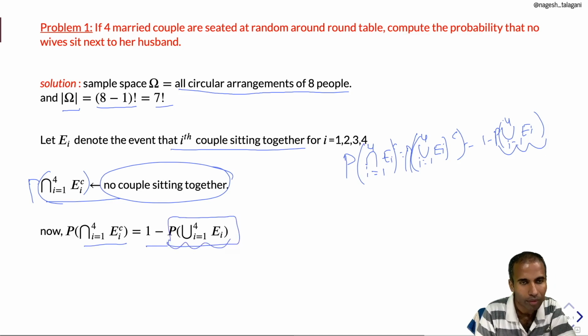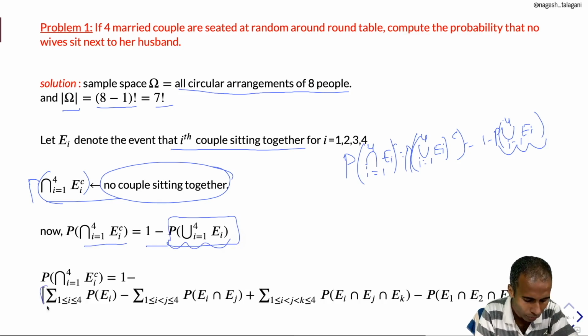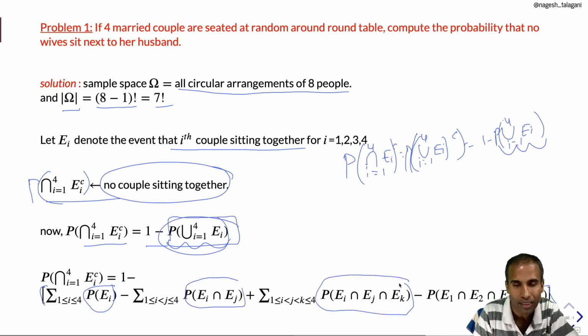Here we replace this with the inclusion exclusion formula. Now we are going to compute the probability of Ei intersection Ej, probability of Ei intersection Ej intersection Ek, and probability of E1 intersection E2 intersection E3 intersection E4.